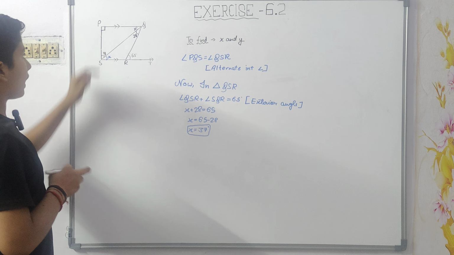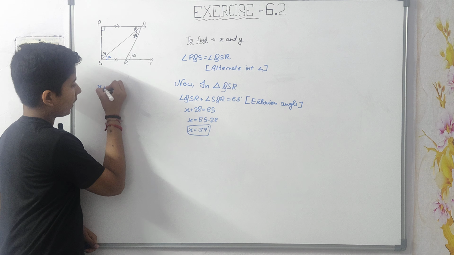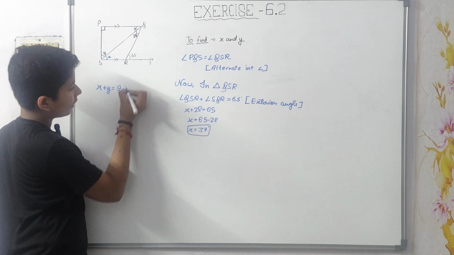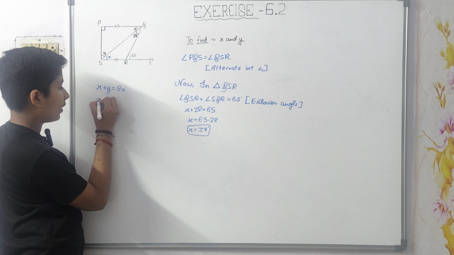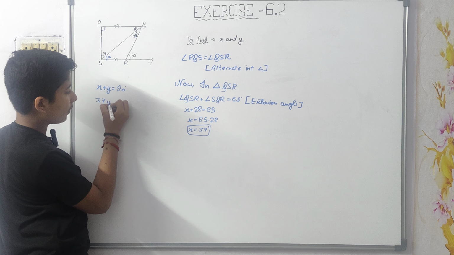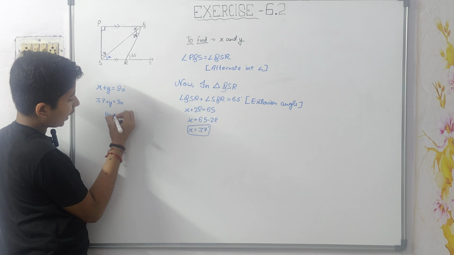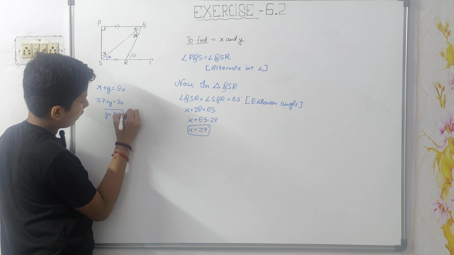Now this is 90, so this will also be 90. x plus y equals 90 degrees. x is 37, so 37 plus y equals 90, y equals 53 degrees.